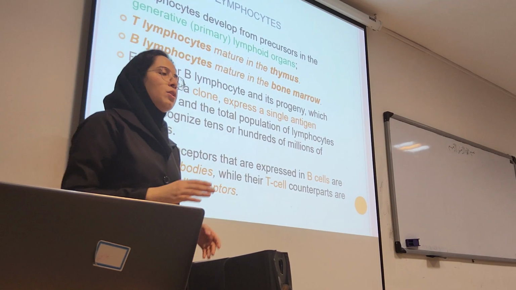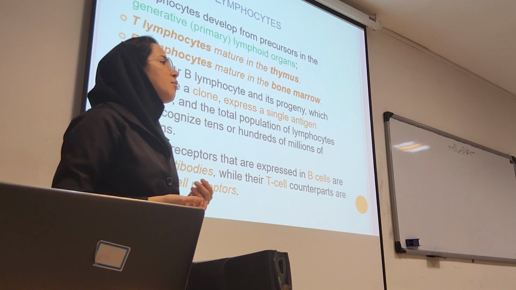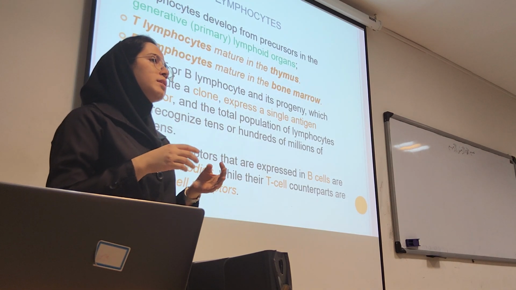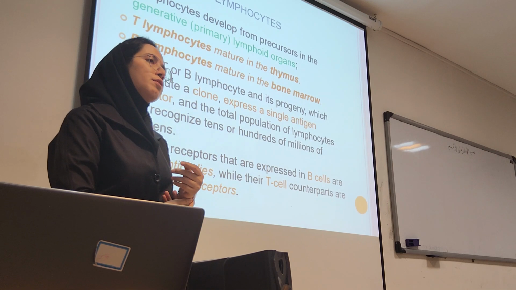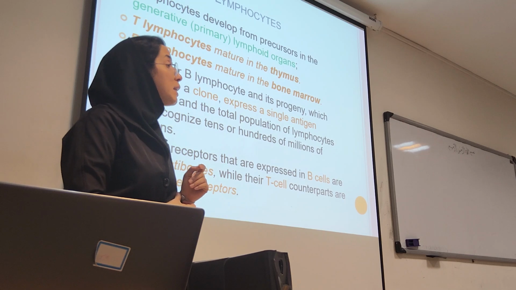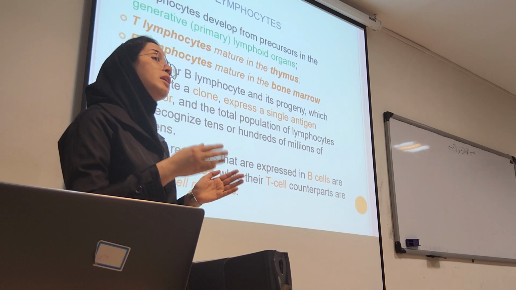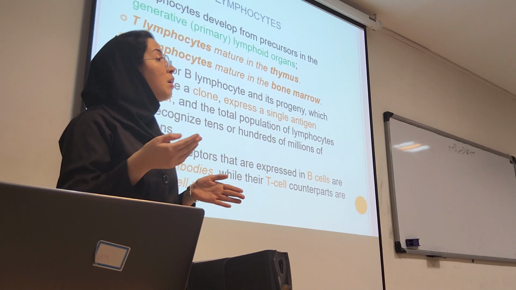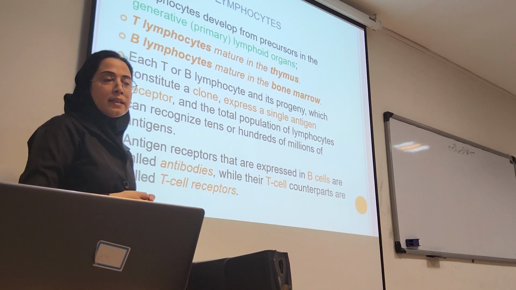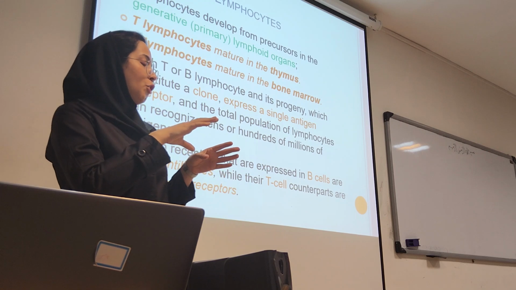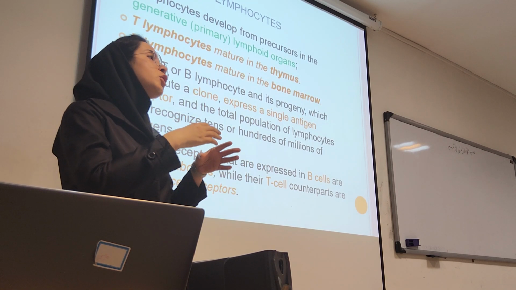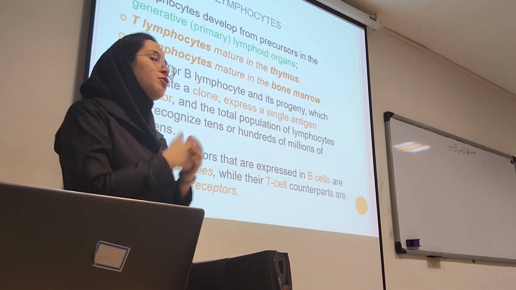Okay. You know that we have two different types of lymphocytes, T lymphocytes and B lymphocytes. What's the difference between these two types of lymphocytes in the place of their maturation? B lymphocytes mature in the bone marrow and T lymphocytes in the thymus. Yes, exactly. And for each type of antigen, we have a clone of T or B lymphocytes.